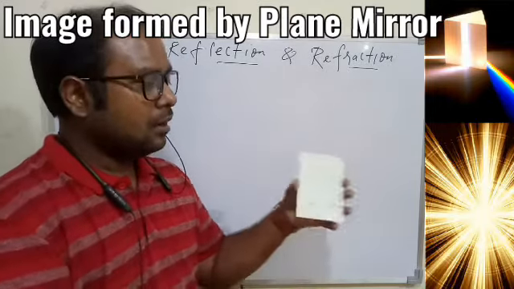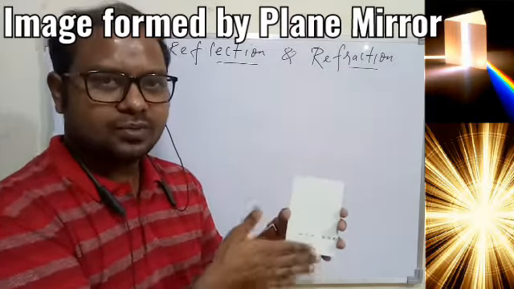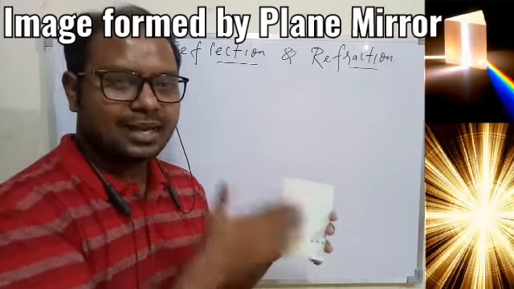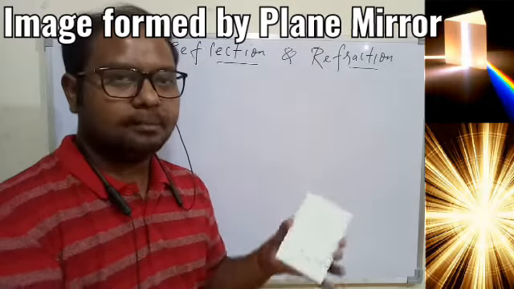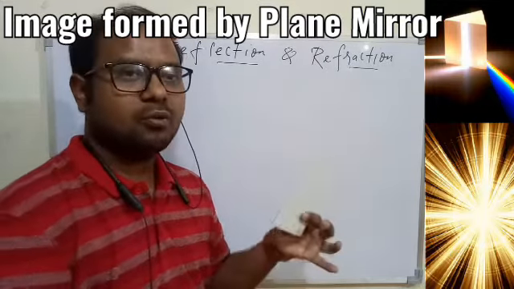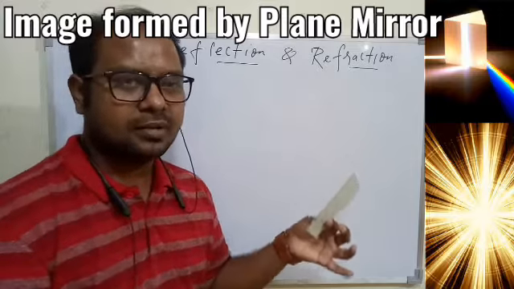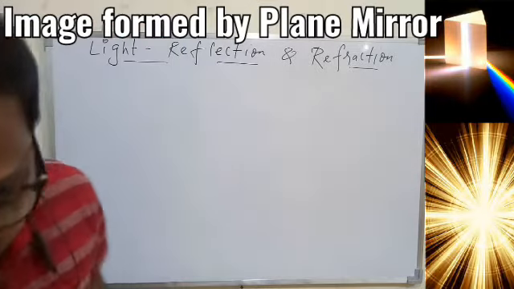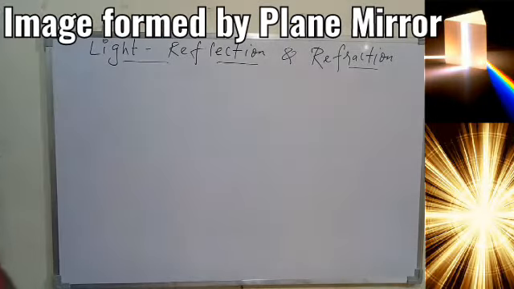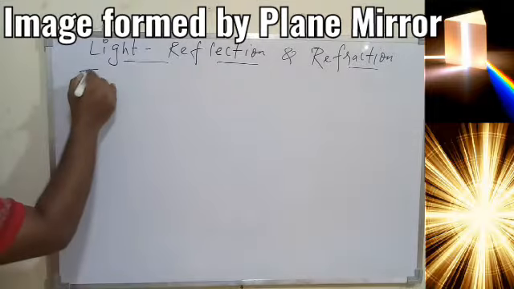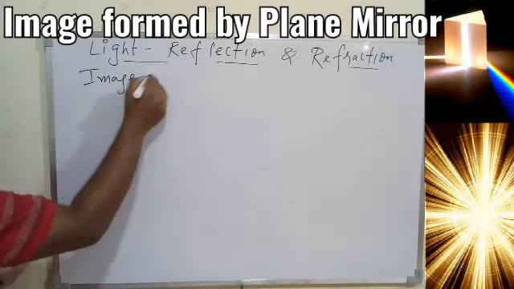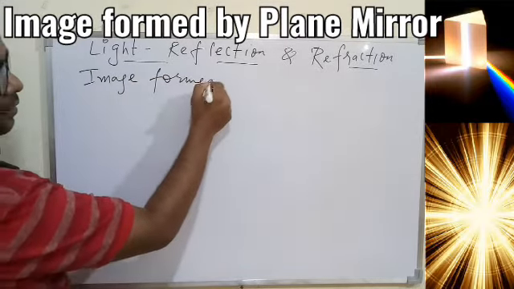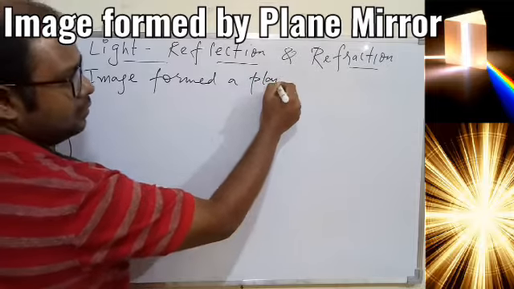And if this glass has a flat surface, it is basically called a plane mirror. So overall, what kind of image is formed by this plane mirror, that we are going to understand now. So the very first topic we have today is image formed by a plane mirror.